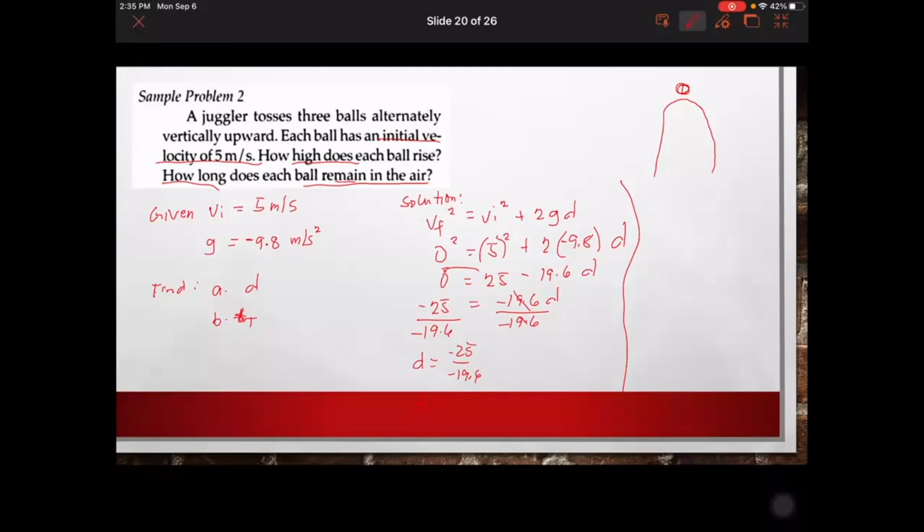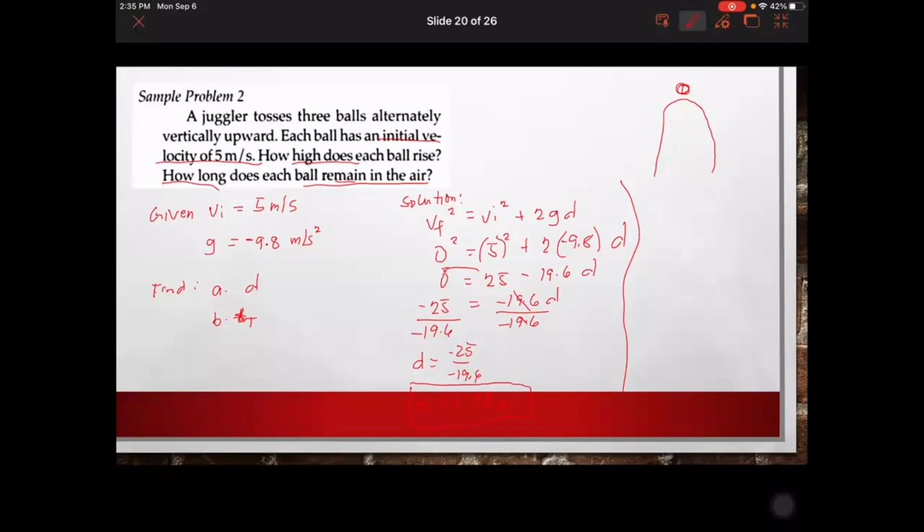Rounded up na, tayo na 1.28 meter. That's for the letter A.